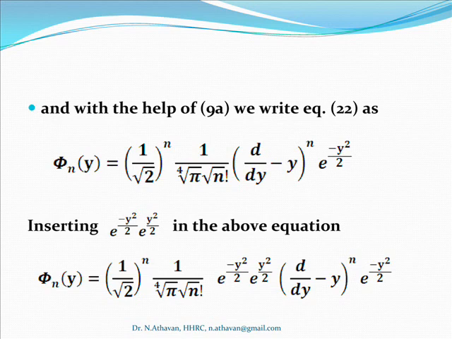Now voluntarily inserting e power minus y square by 2 into e power y square by 2, which is nothing but 1, in the above equation, for some reason we write phi n of y is equal to 1 by square root of 2 to the power n, 1 by 4th root of pi into square root of n factorial into e power y square by 2 multiplied by e power minus y square by 2 into e power y square by 2 multiplied by d by dy minus y to the power n into e power minus y square by 2.